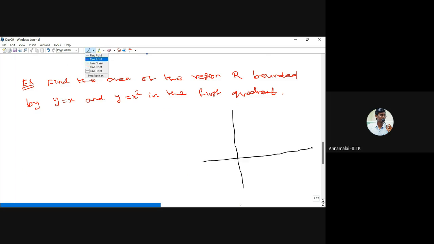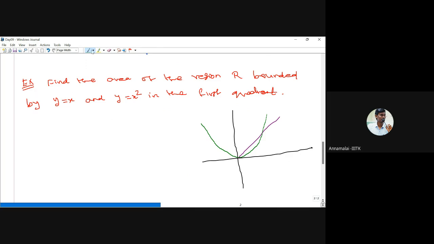So now the first curve is y equal to x, which should be this. And then another curve is the parabola, y equal to x square, maybe like this. Now you take the region bounded by these two curves in the first quadrant.